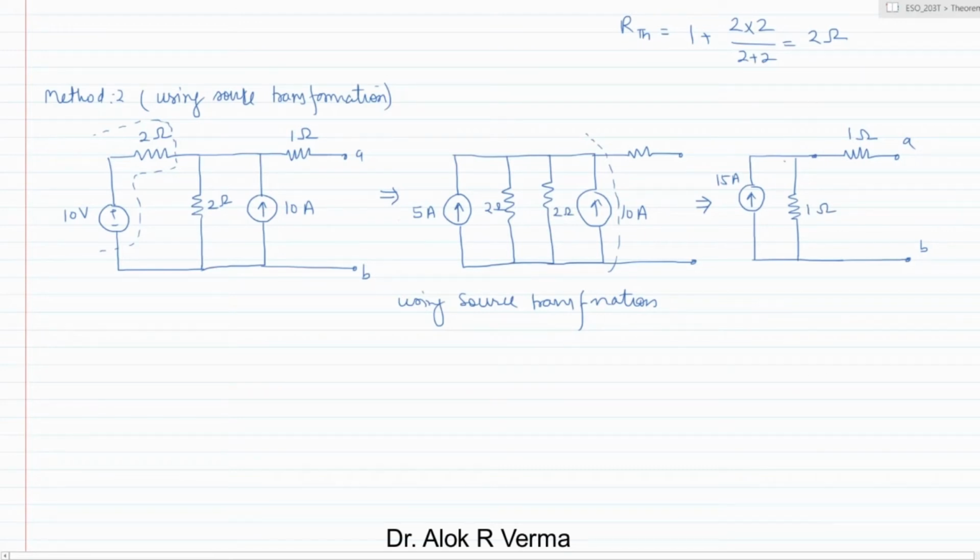Now once again, what is happening here, we have replaced this current source as 10 plus 5. Now we'll be again using the source transformation, so we can convert this back to a voltage source.